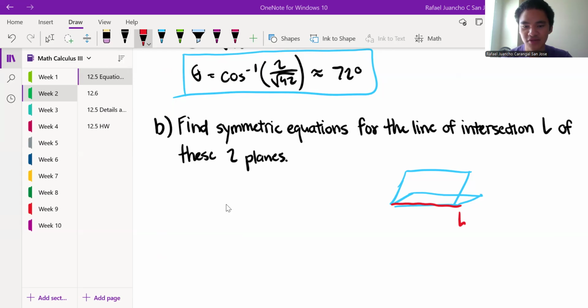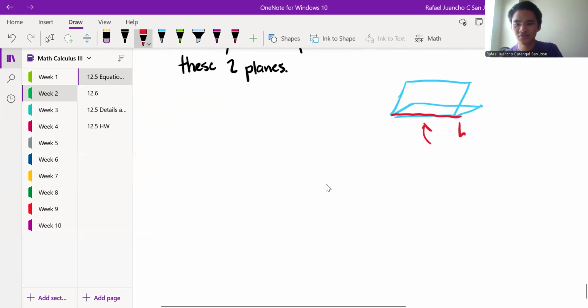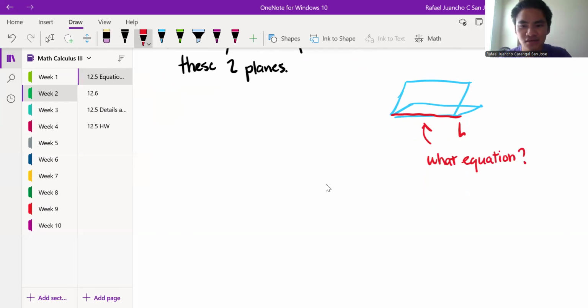So ideally, we're trying to find a line equation for L first. So we're trying to find what equation that is. Well, what equation is this thing? So what equation is that? Okay, what is that?